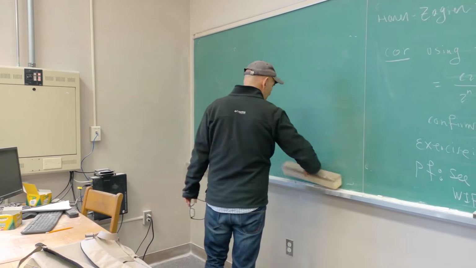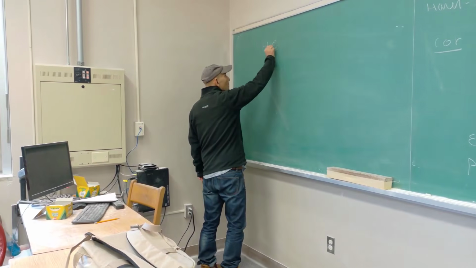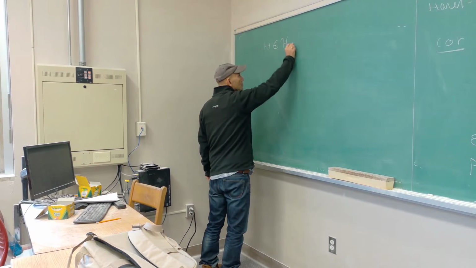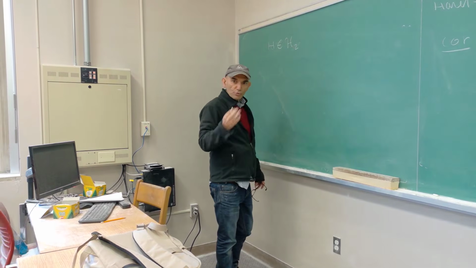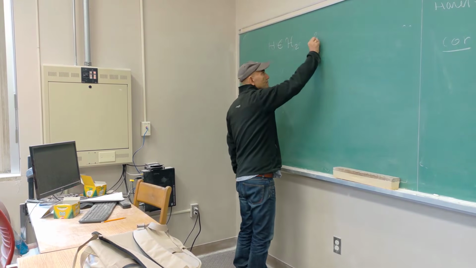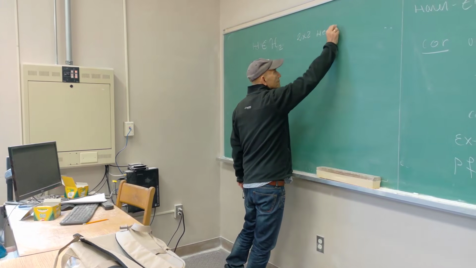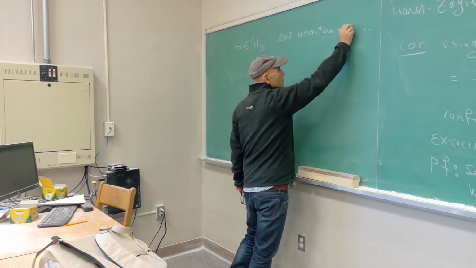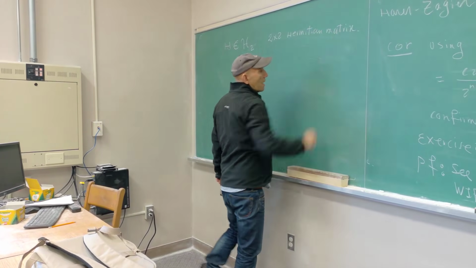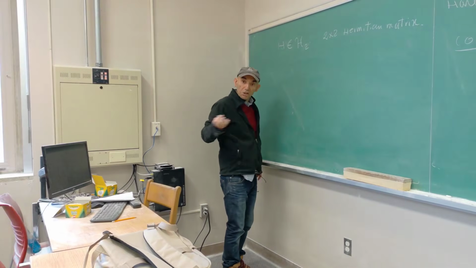So now we are taking a matrix H belonging to H_2. So this is a 2x2 Hermitian matrix. And we have two eigenvalues, we call them lambda 1 and lambda 2, real, right?